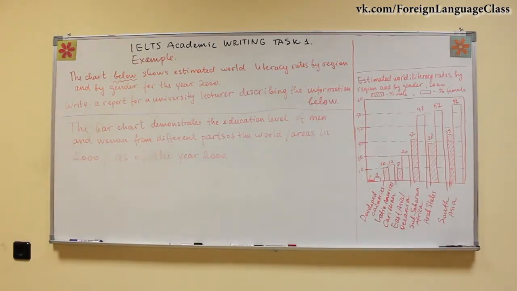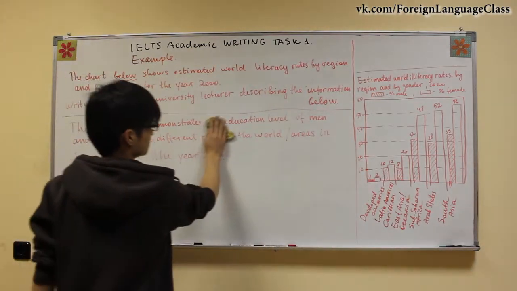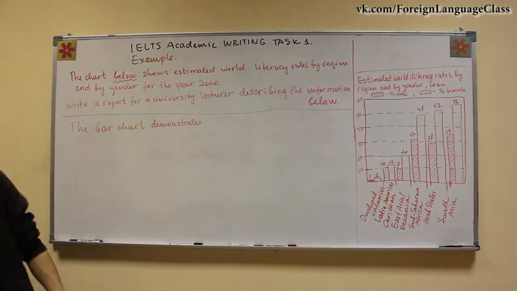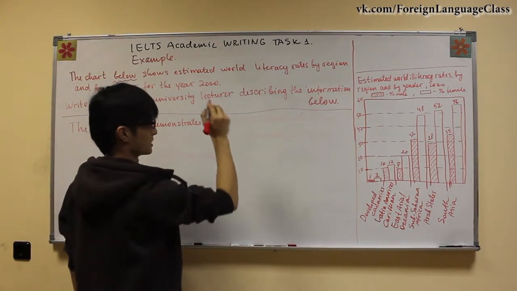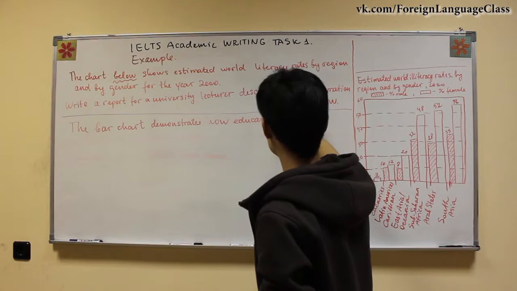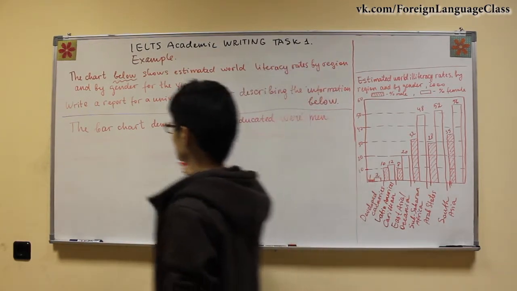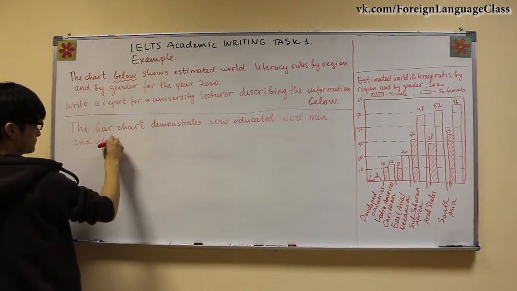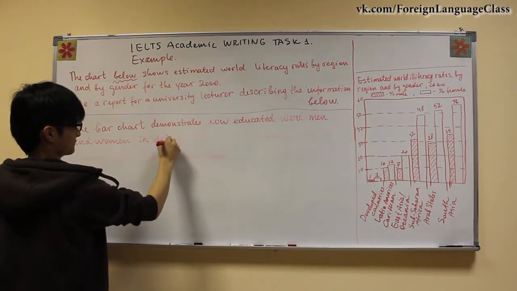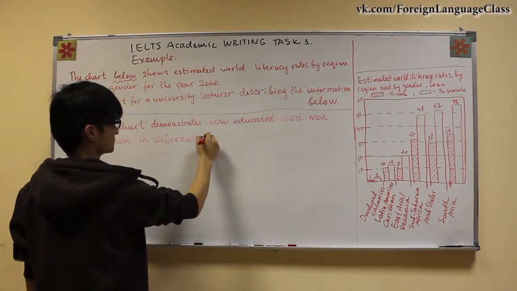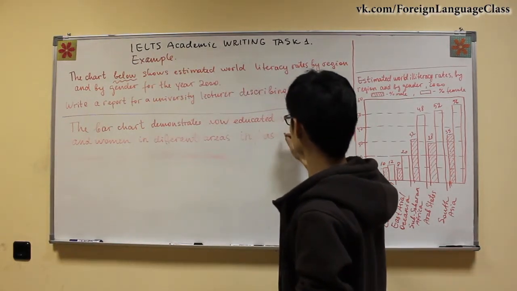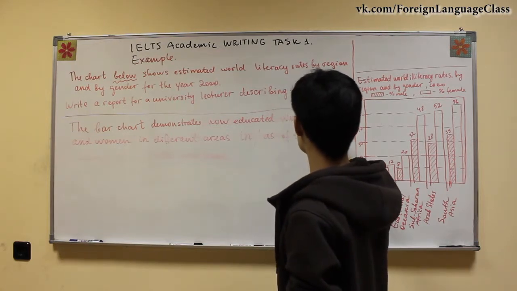Let's say the bar chart demonstrates how educated were men and women in different regions or areas in or as of the year 2000.